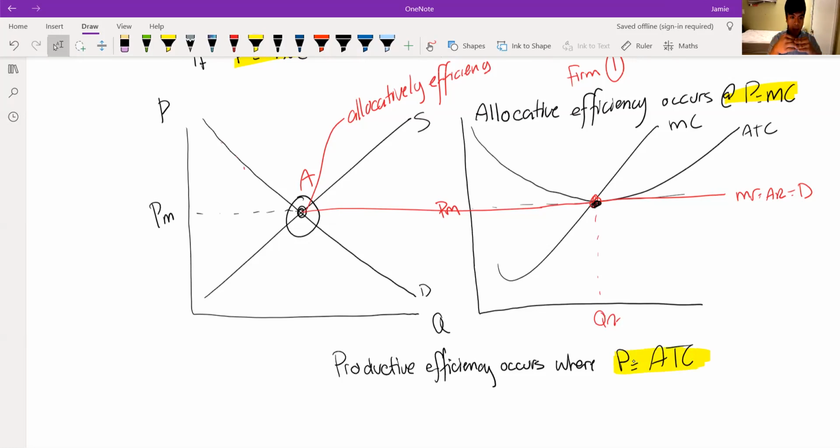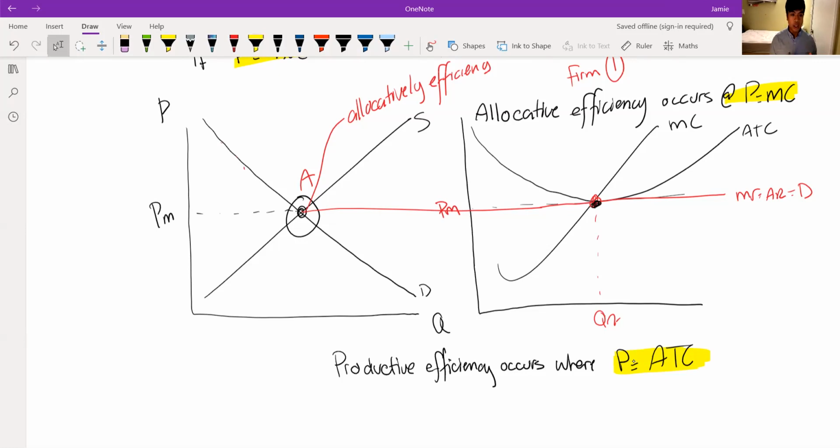So in a perfectly competitive market structure, we say that there is allocative and productive efficiency, because firms in this market structure, again to summarize, produce in the long run where the market price is equal to the average total cost, right?